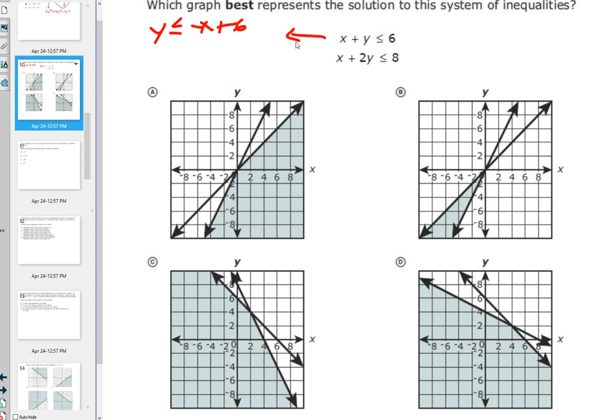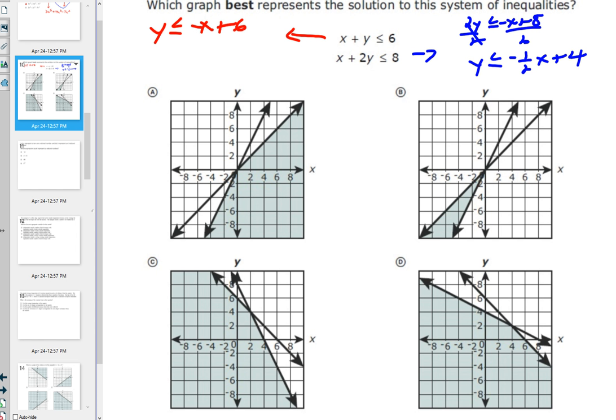And this other one would be 2y less than or equal to negative x plus 8. Once I divide by 2, I get y is less than or equal to negative 1/2 x plus 4. Because they both have an or equal to, both lines are supposed to be solid.